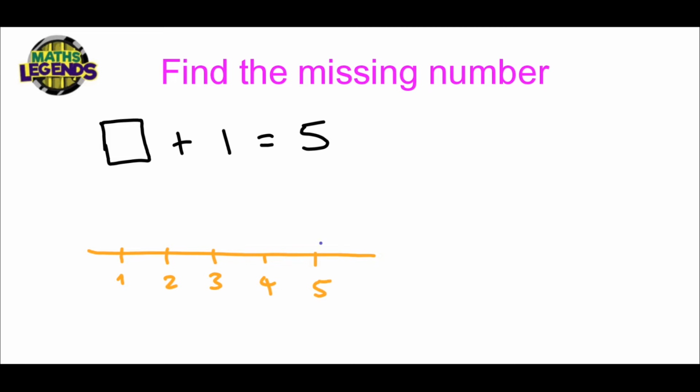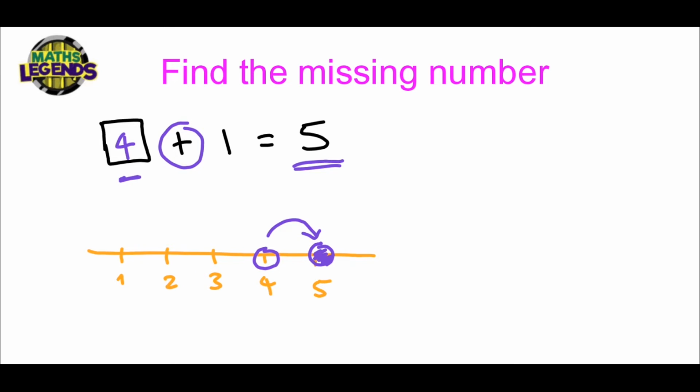We are trying to get to 5 and we are going to add 1 to something. So we're going to go one step to the right to get to 5. Well, to go one step to the right, we must be starting from 4. So our answer here is 4. So essentially what we have done is where we've had to add a number, we've subtracted it from our 5 to give us the unknown.